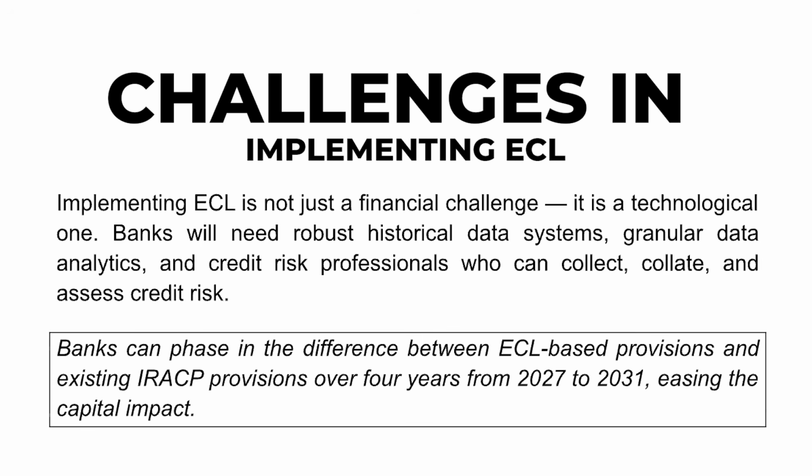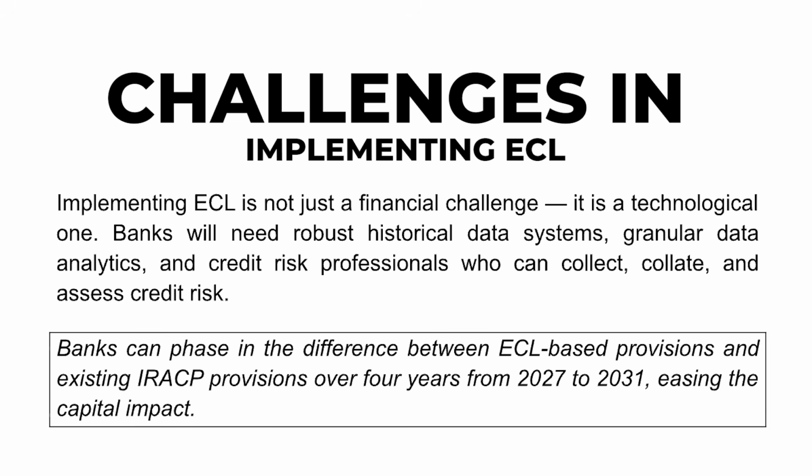What are the challenges for implementation? There are a couple of challenges that the banks will be facing. First is the data integrity standards. They will have to continuously mobilize the data and go through the data points that they collect from the operations, and they will need historical data systems, granular data analytics, and credit professionals who can collect, collate, and assess credit risk.